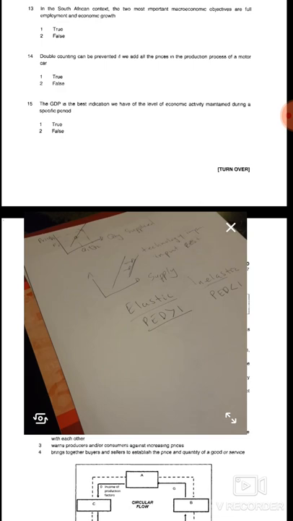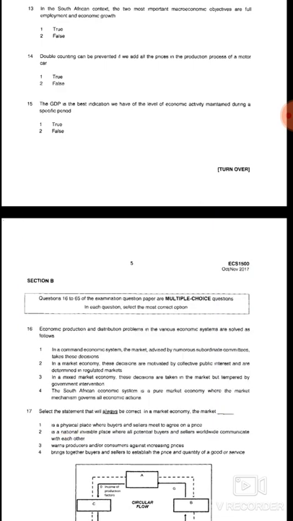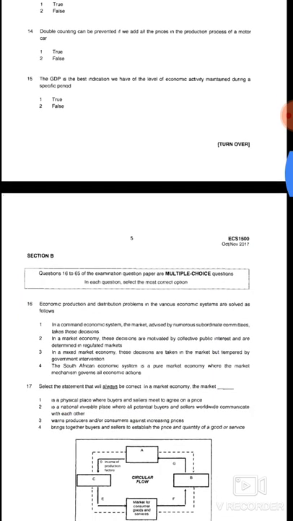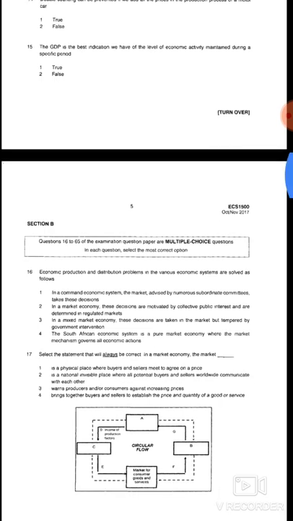Question 14 says, double counting can be prevented if we add all prices in the production process of a motor car. Okay, this is also true. Remember, in GDP, we have the problem of double counting.